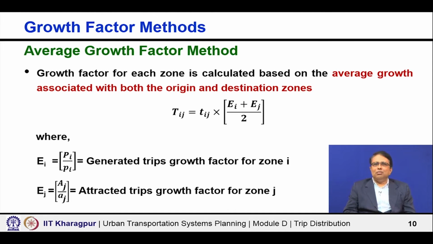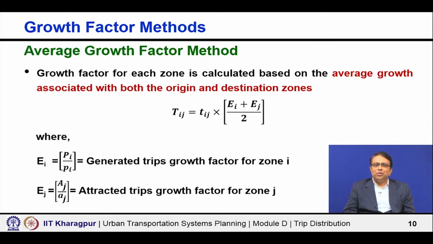Every cell we multiplied by the same growth factor. So obviously my error was more. Here what we are doing? We are calculating a separate growth factor for separate cells. Each cell has a separate growth factor.